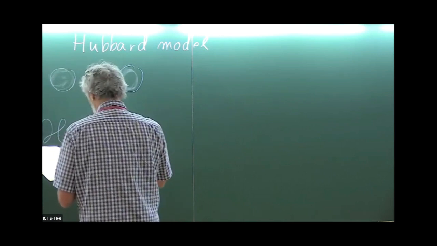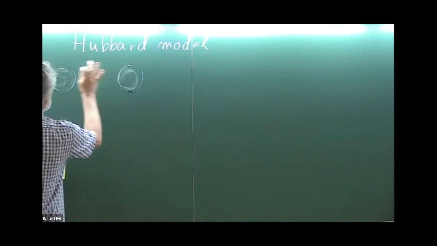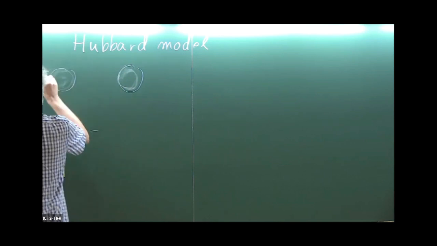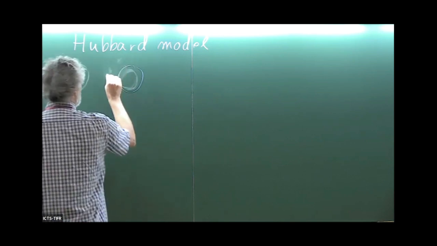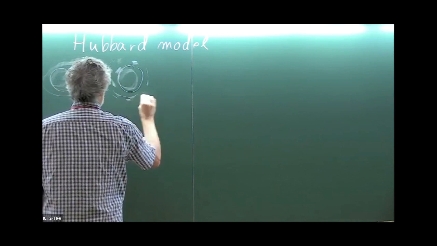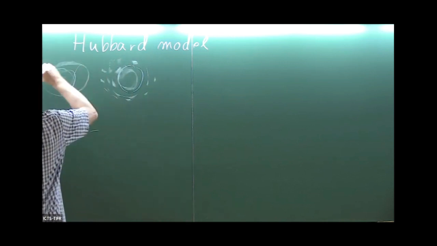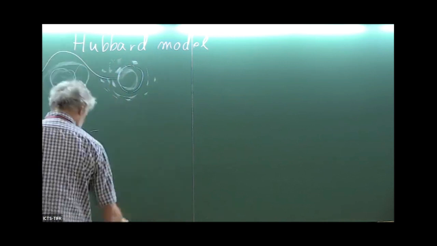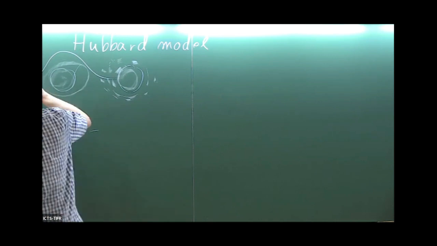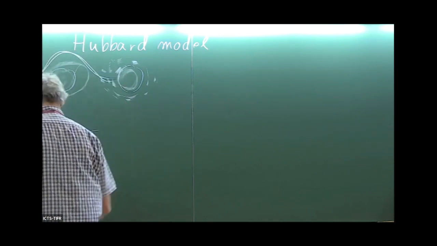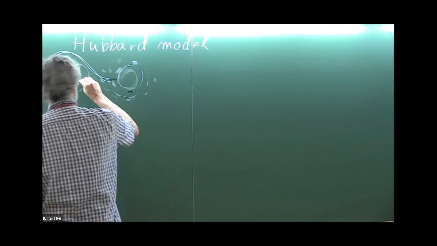There is a small overlap between these two orbitals. Let me use the colors. So this is one orbital, and this is the other orbital.